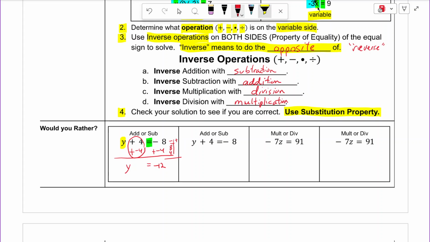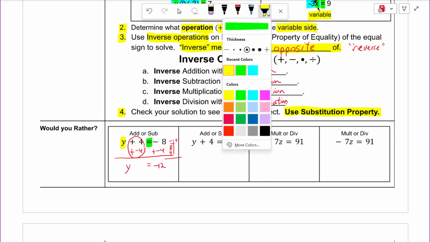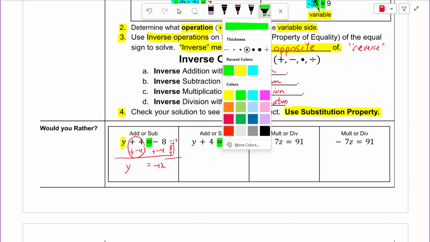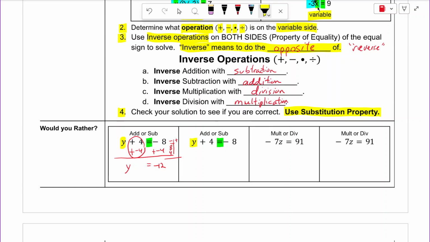Or with the same exact problem, you could know where the equal sign is, then locate the variable and see that it is adding 4, and the inverse of adding 4 is subtracting 4. So we could subtract 4 and subtract 4. 4 minus 4 would be 0, and y would be left by itself.